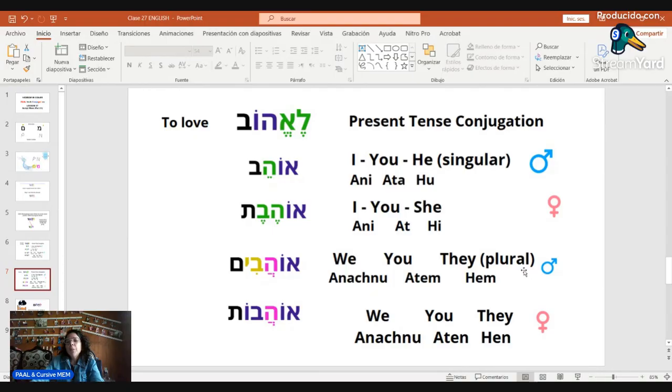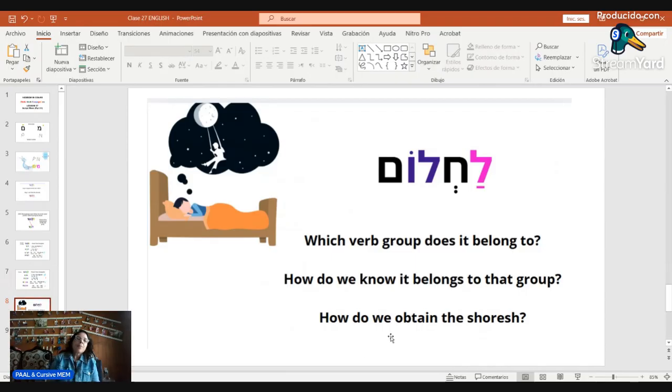For plural masculine, we add yod mem sofit. For plural feminine, we add holam vav tav. So it reads: hu ohev, hi ohevet, hem ohavim, hen ohavot.